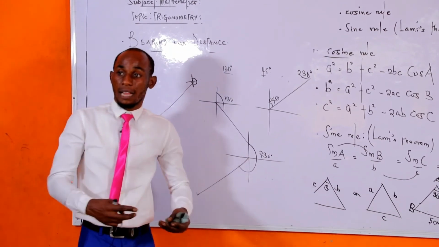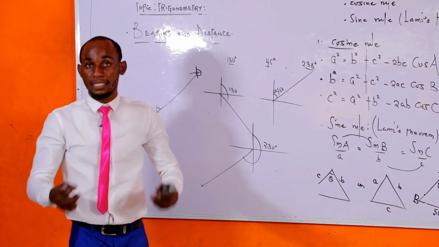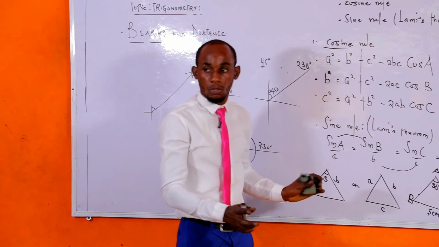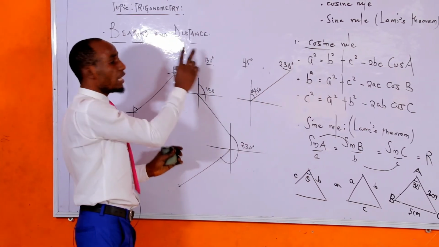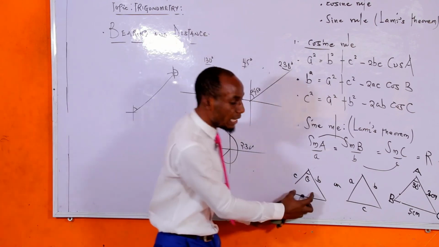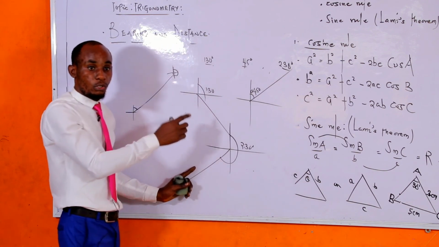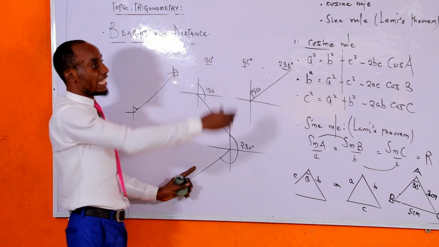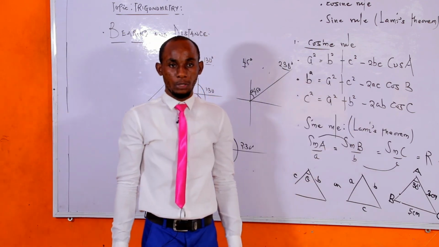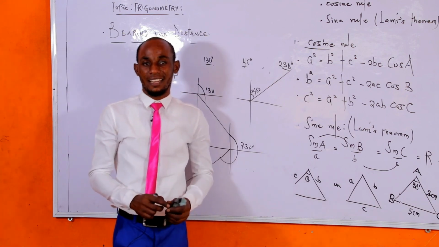A scalene triangle is a triangle that has none of its sides equal or none of its angles equal. So that is what three-unit bearing will help us to do. It will help us to bring out our scalene triangle, so that we can use either the cosine rule or the sine rule. Are we together? So that is what we are going to be looking at in our next class.